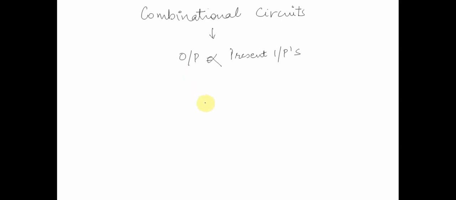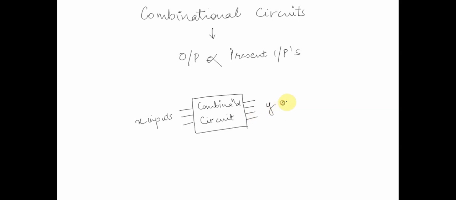So if we have to draw a block diagram of a combinational circuit, it would be something like this. We say this is a combinational logic, like a combinational circuit, and it might have x number of inputs and y number of outputs.